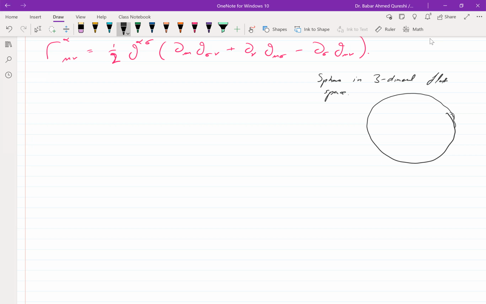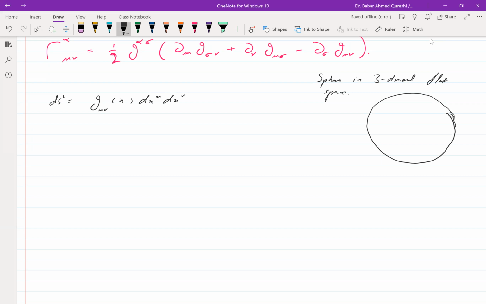Now, the problem we face is that if I'm given a metric, like for example, suppose it's a two-dimensional thing. Well, let's write it this way. It doesn't even have to be two-dimensional, it can be in any dimension.